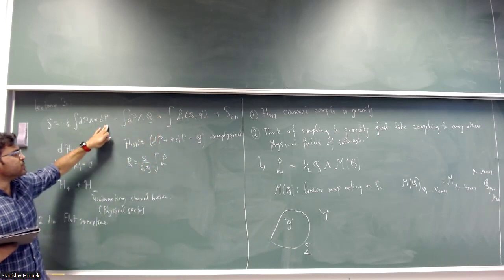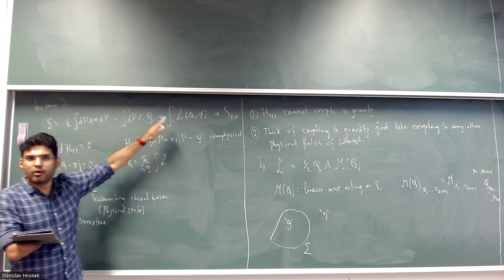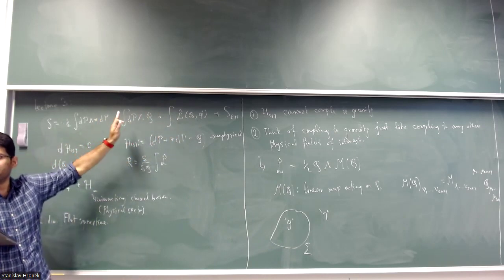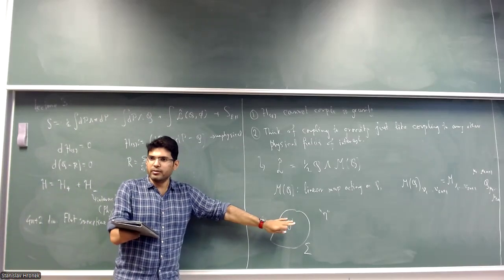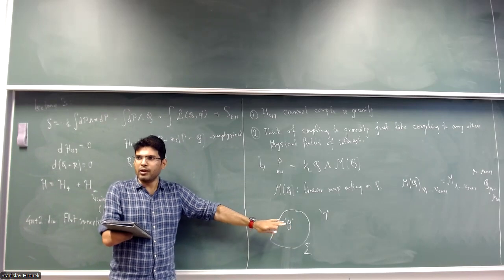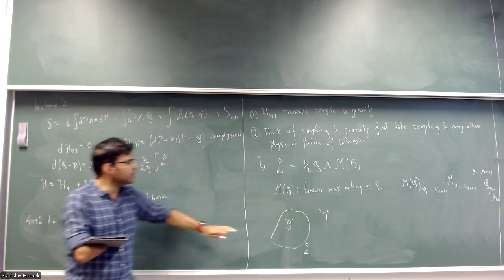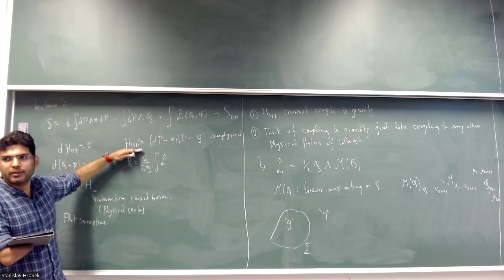So this might transform horribly, this might transform horribly, this might transform horribly, but if all the horrible things cancel each other and lead to something which is invariant and meaningful on this physical manifold, then we still have a sensible theory. And all at the cost of doing this is that we ensure that this guy does not couple to gravity.